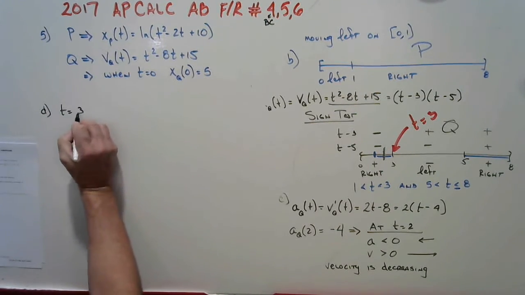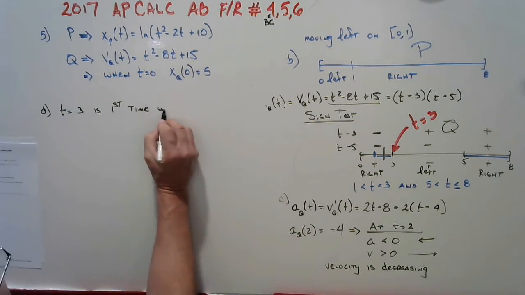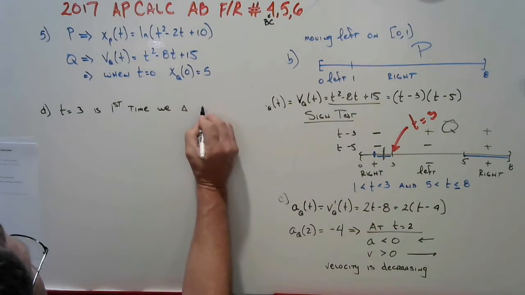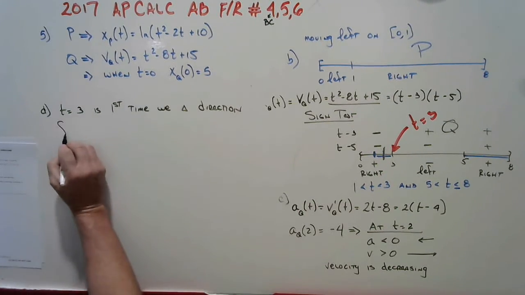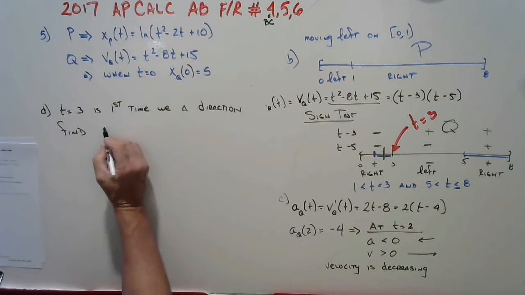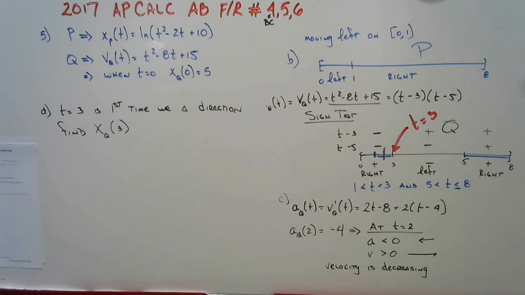T equals 3 is the first time we change direction. So we want to find the position of particle Q at 3. That's what we want to find. And we don't know what that is. But we know the position of particle Q at time 0.